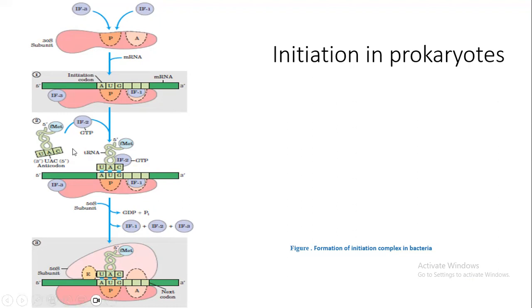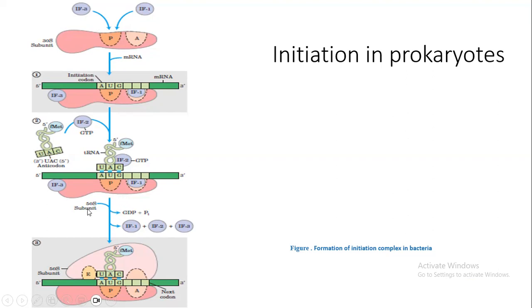Next is the entry of the initiating formylated methionine amino acid that is already forming a complex with the initiating transfer RNA. This complex will form a larger complex by interacting with initiation factor 2 GTP complex. Now, by codon-anticodon base pairing, the transfer RNA will bind specifically to the AUG codon that is present at the ribosomal P site.